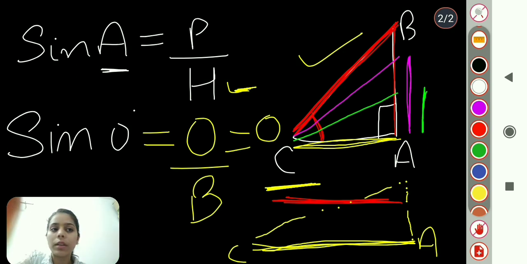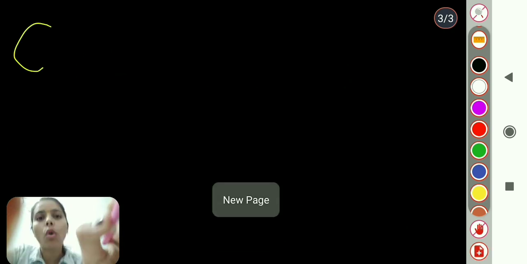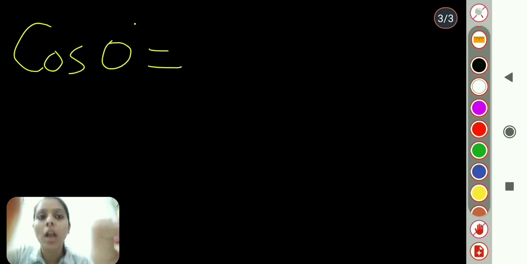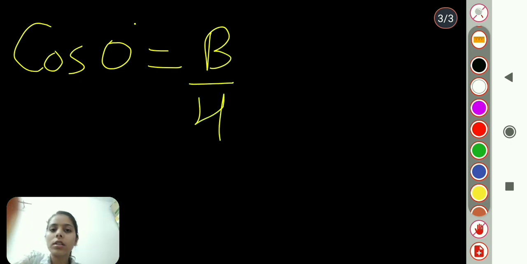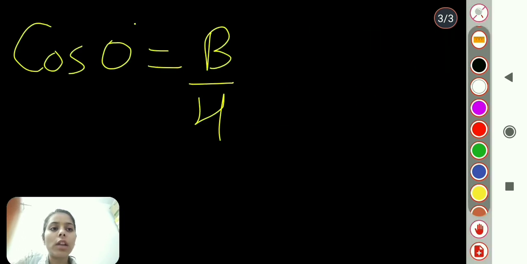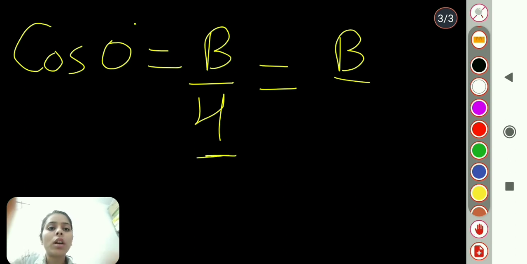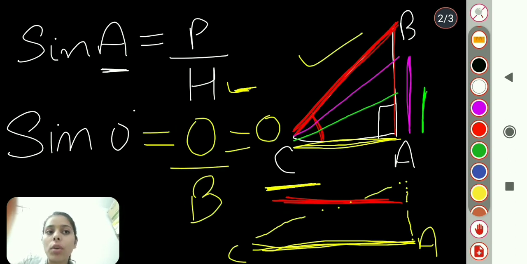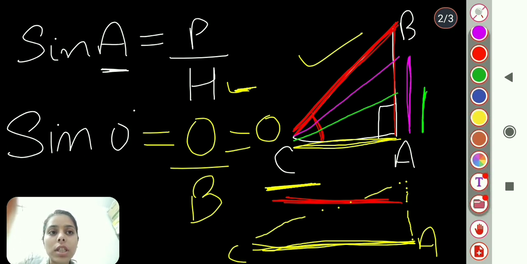And now in the same way, we can find cos 0 degree. What is the formula for cos 0 degree? Base upon hypo, right? In this triangle, base is b. And hypo, this BC, is now merged with this CA.